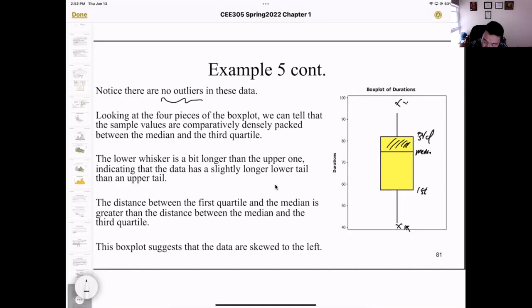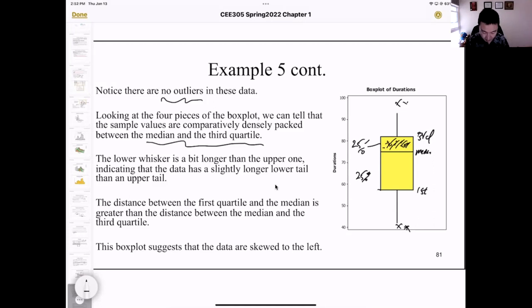Remember, between the median and the third quartile we have 25% of all the data, correct? And between the median and the first quartile we also have 25%. The distance between the third quartile and the median is much shorter than the distance between the median and the first quartile. So we say the data is densely packed between the median and third quartile.